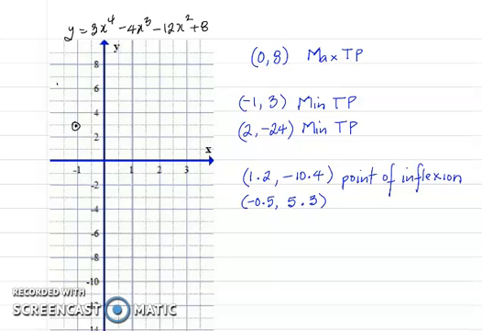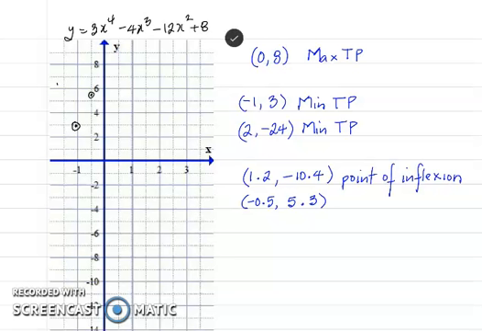At minus a half, 5.3, we have a point of inflection. So minus a half, 5.3 would probably put me around here. Minus a half, 5.3.